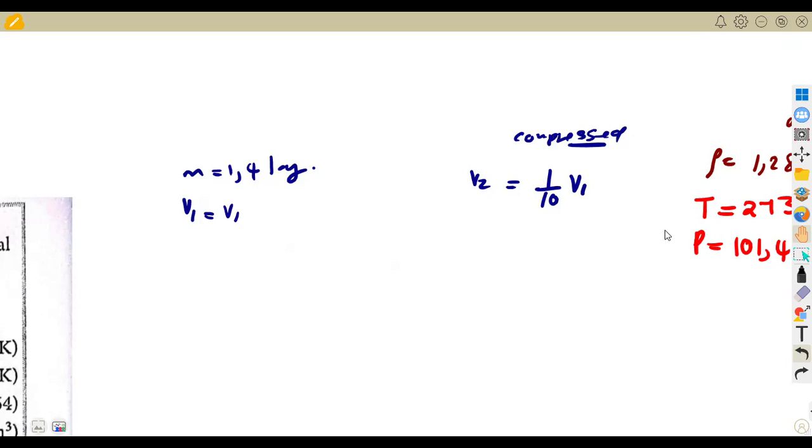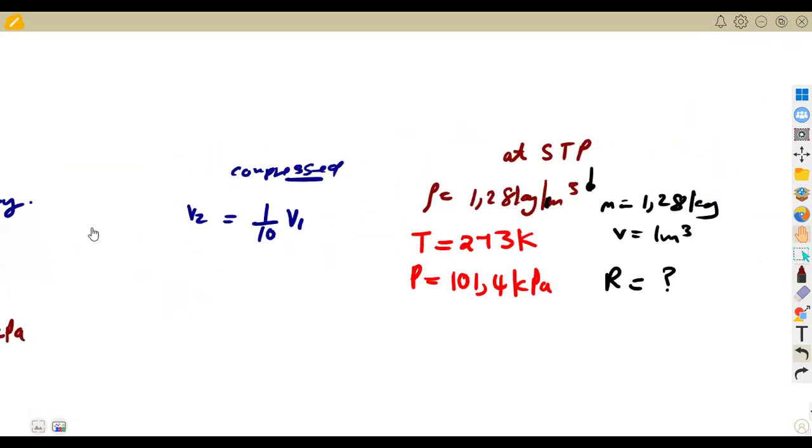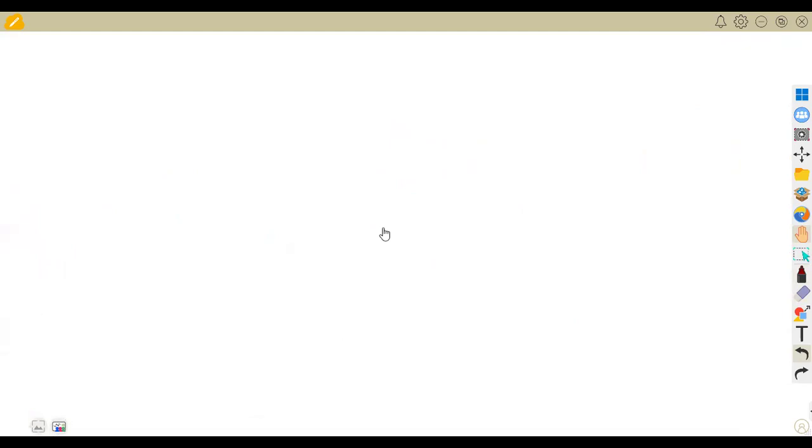At inlet, the gas enters at STP condition, meaning 273 Kelvin, and the pressure enters at the same STP value, 101.4 kilopascal. These values are used at STP, but they are also the inlet values, like I mentioned.